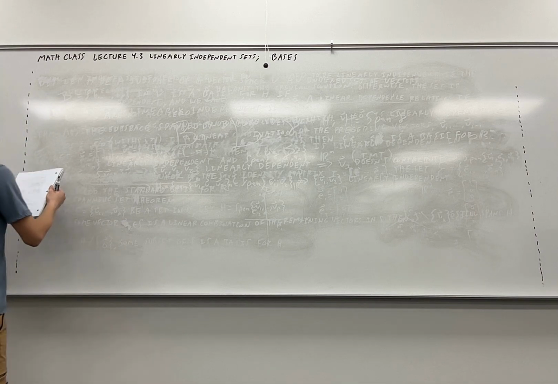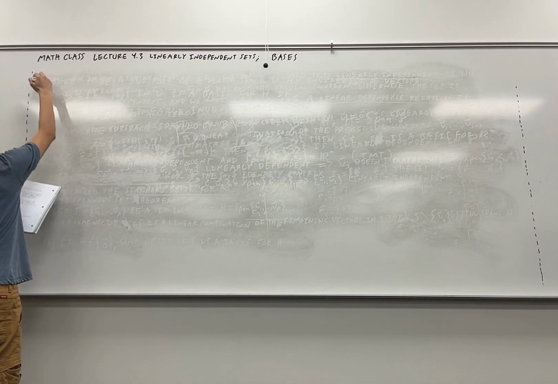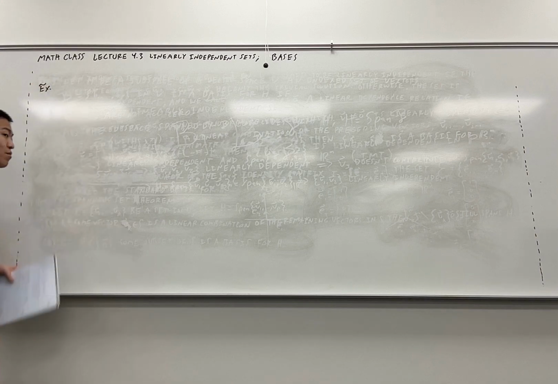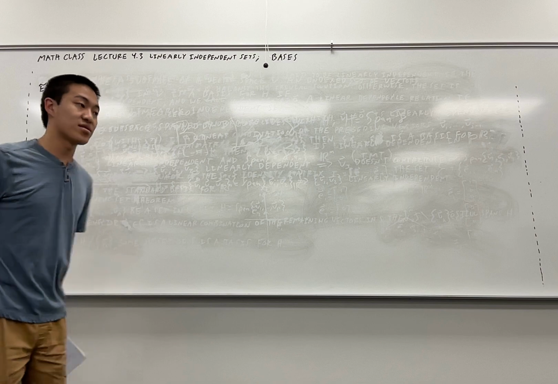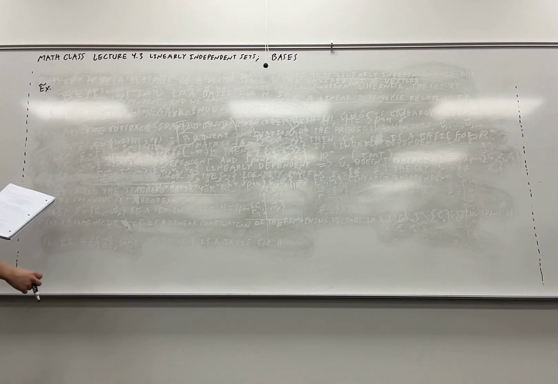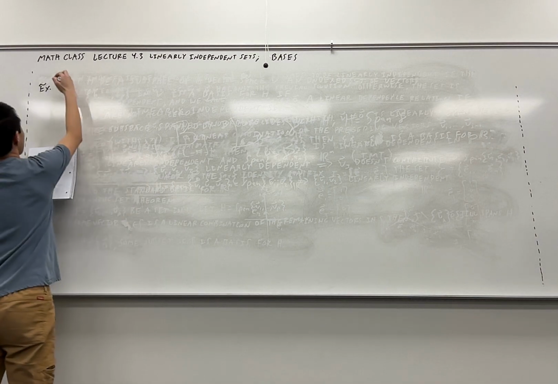All right, example. We know how to find the basis essentially for the null space. We talked about that in the previous lecture. So now let's do the column space, because we didn't really talk much about it.